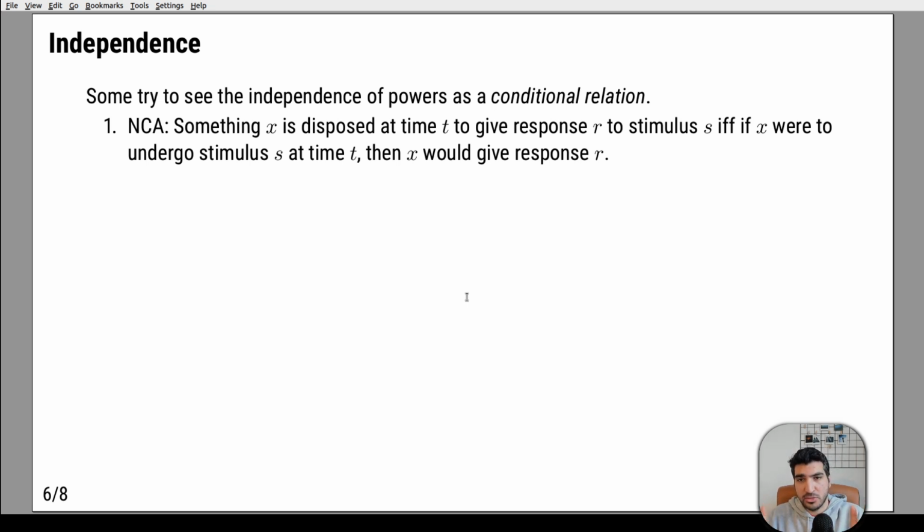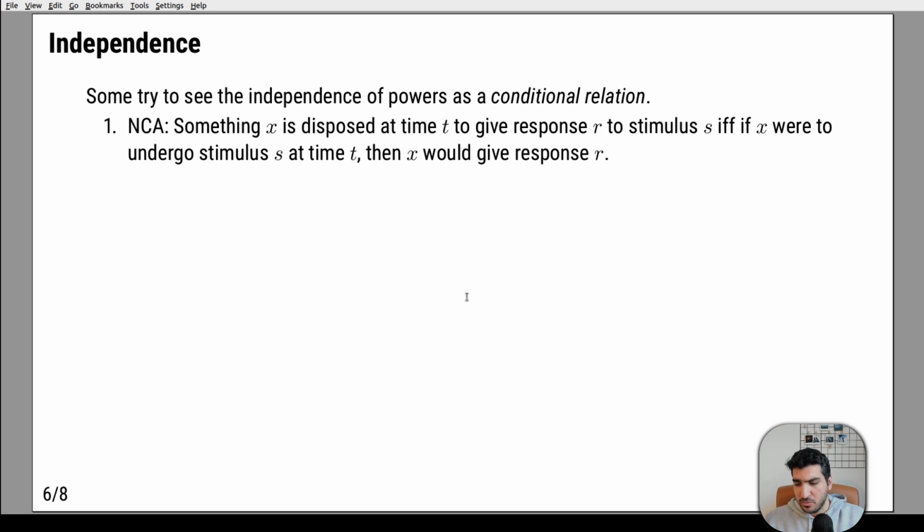this conditional analysis says that when we say x is disposed at time t to give response r to stimulus s, what we mean is that if and only if x were to undergo stimulus s at time t, then x would give response r.